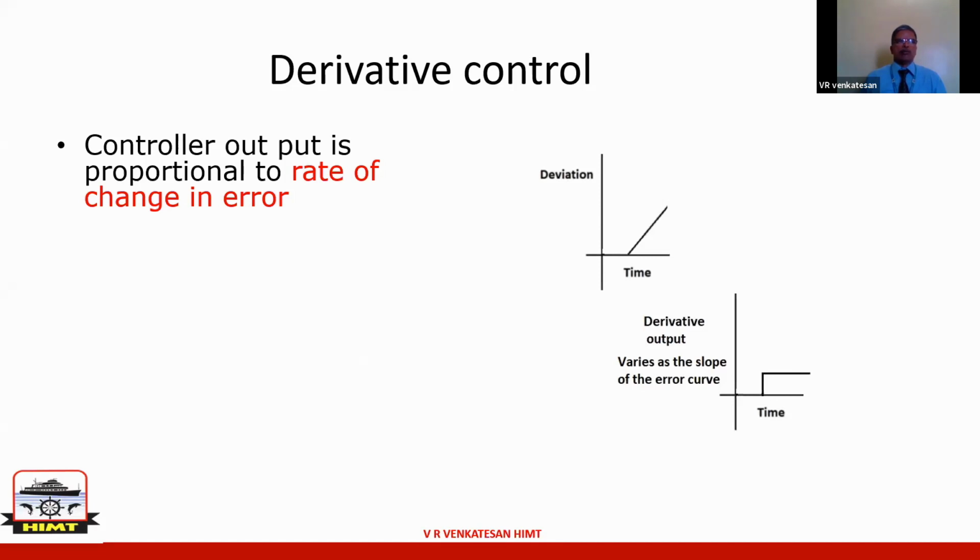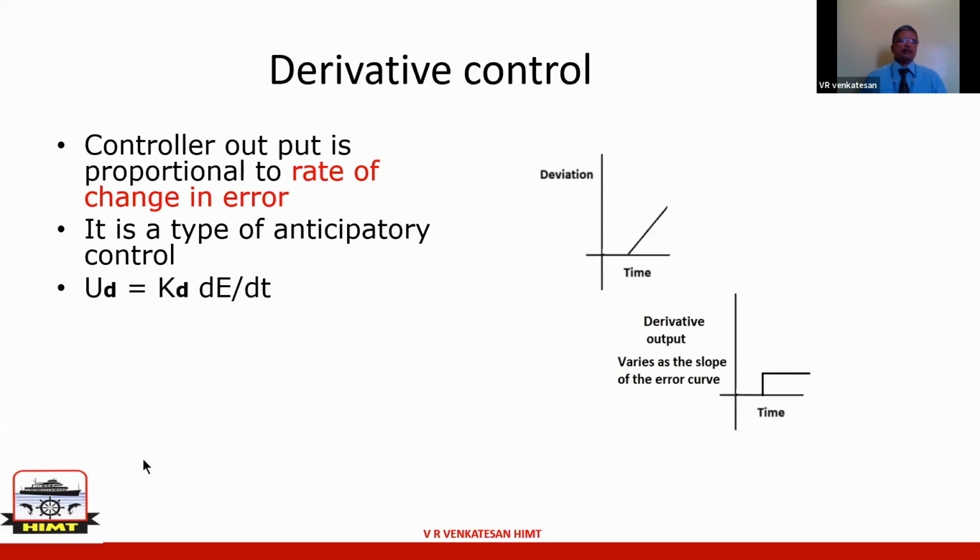You see how fast is the water level changing. Is the water level dropping fast? Is the water level rising fast? That is what matters in the case of derivative control. It is normally considered as an anticipatory control. Anticipatory means it will react faster than proportional and integral.